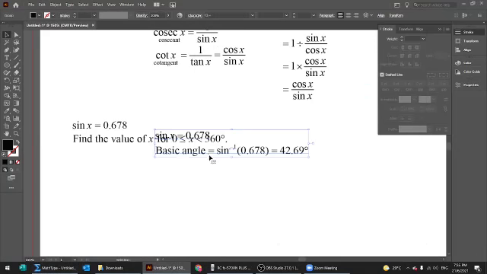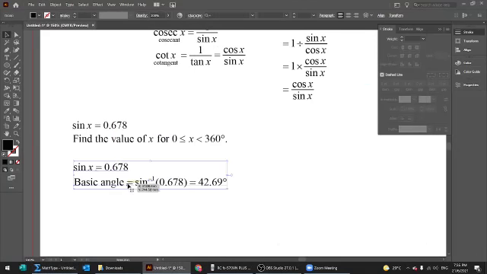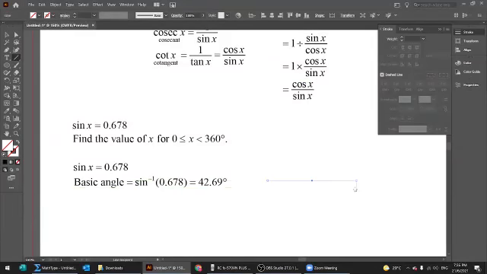But this is not the answer. You're not done yet. You need to compare with the ASTC, all science teacher crazy. You remember that? Not quite? No worries.